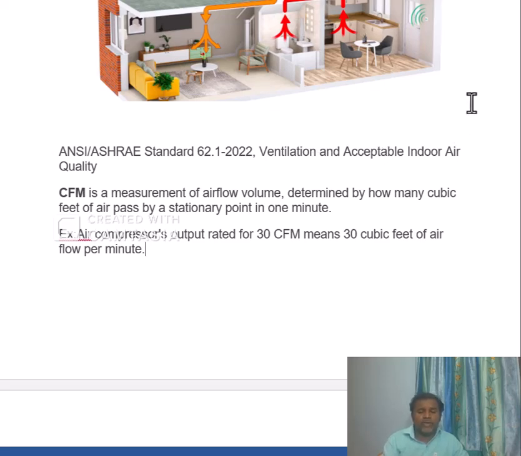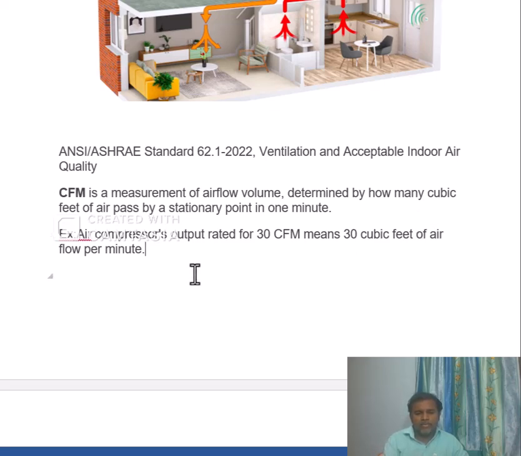Suppose you take a space of 1 by 1 by 1 feet, the air accommodated in it is the volume of air, and if you measure at a single point the passage of air in 1 minute, that is called cubic feet per minute. So that is the amount of cubic feet of air passing in 1 minute, which is called airflow volume measurement in that particular area.